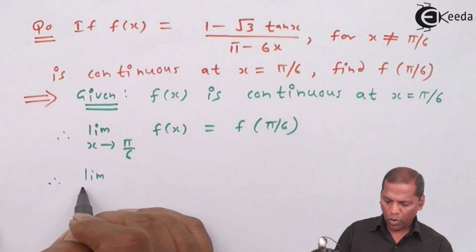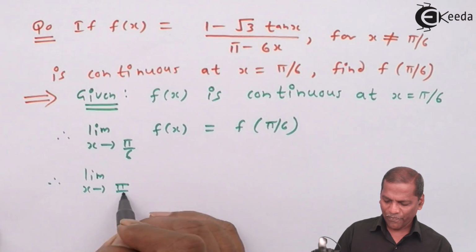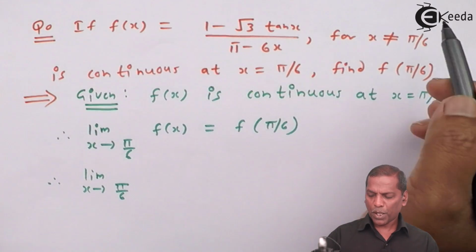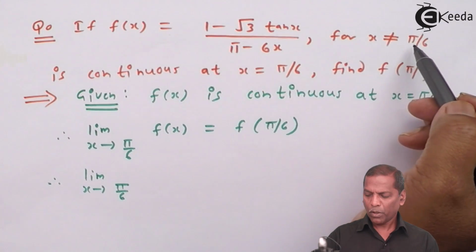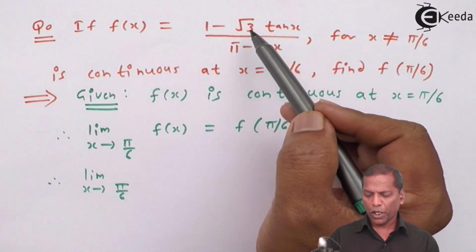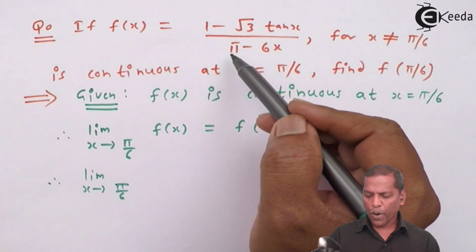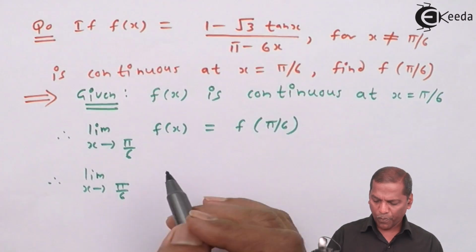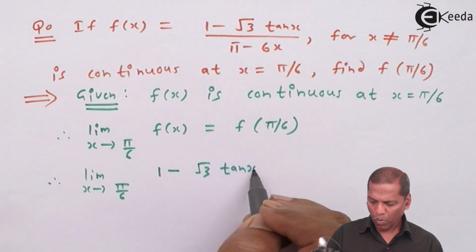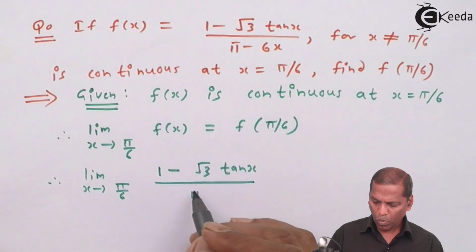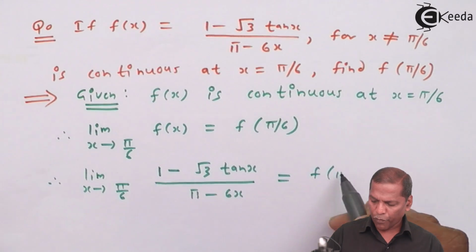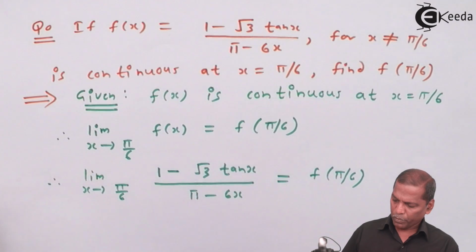Therefore, limit x tends to pi by 6. Now x tends to pi by 6 means x not equal to pi by 6, and at that time f of x is defined as 1 minus root 3 into tan x upon pi minus 6x, is equal to f of pi by 6.